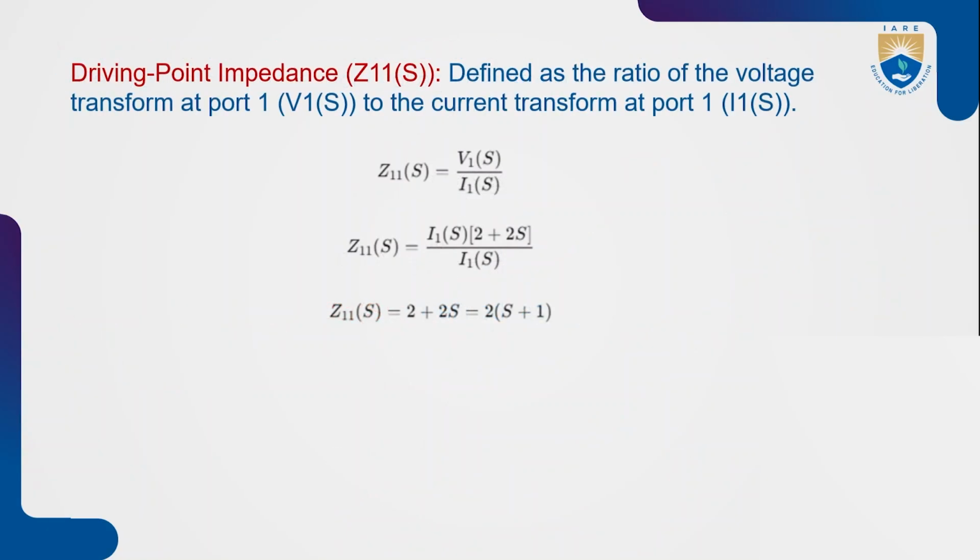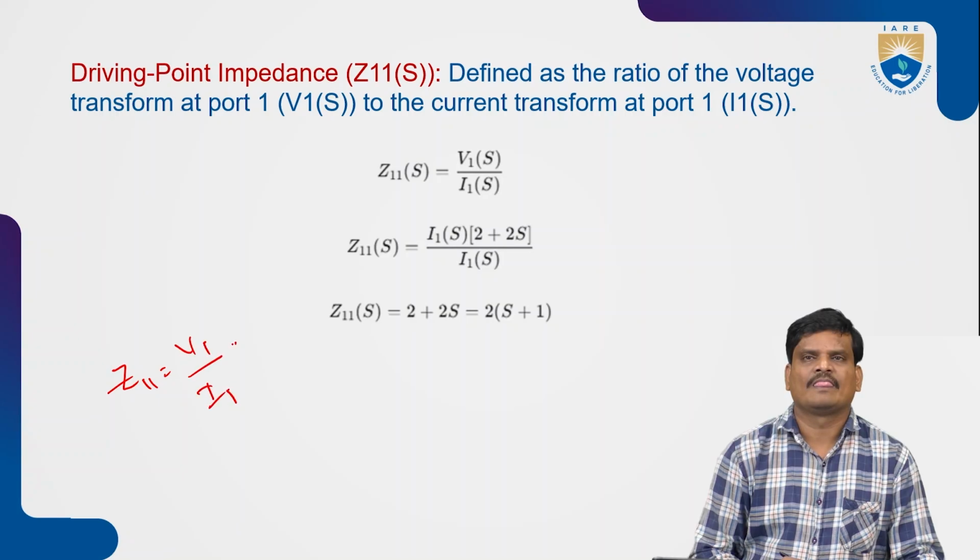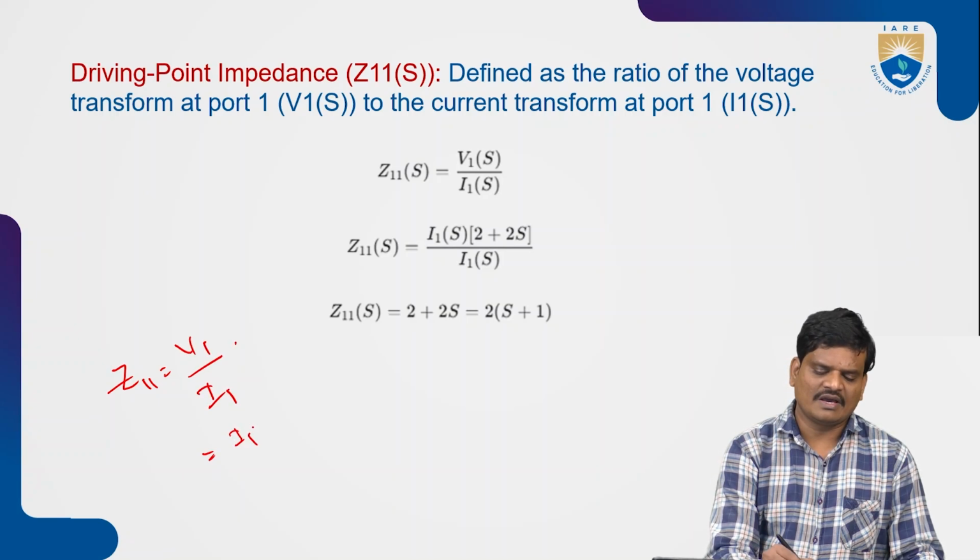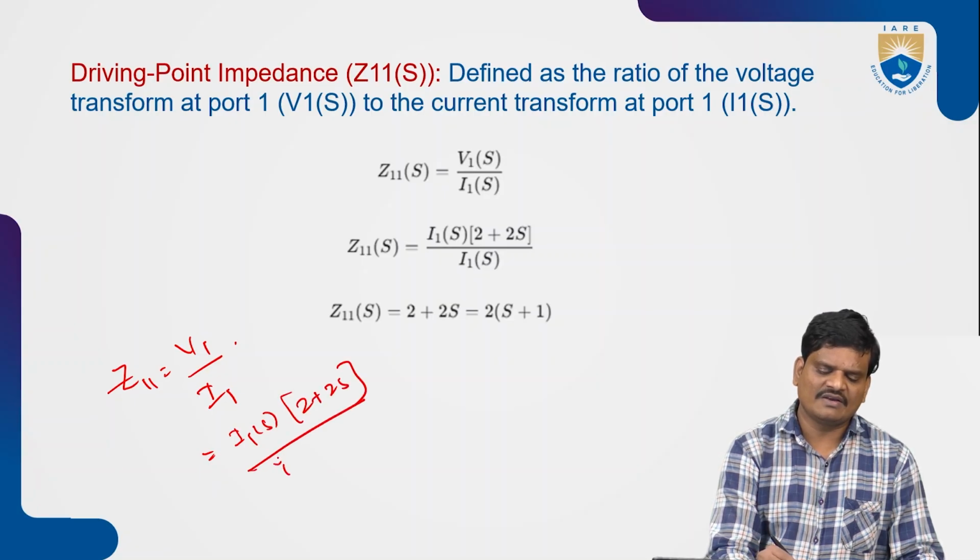We need to calculate one more parameter called driving point impedance, that is Z11, which is formulated as V1 by I1. I know the value of V1, I1(s) into 2 plus 2s. I know the value of I1(s) already, so it gets cancelled, giving 2 into 1 plus s.